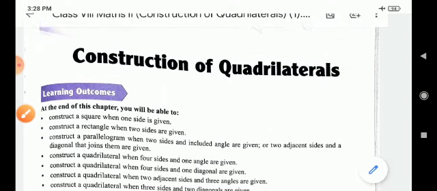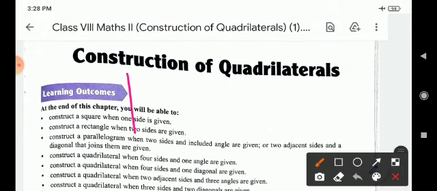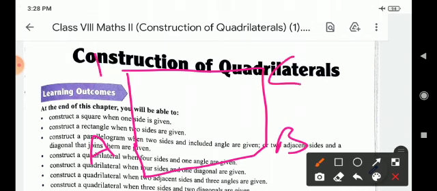Children, now listen. A, B, C, D. It is a quadrilateral.